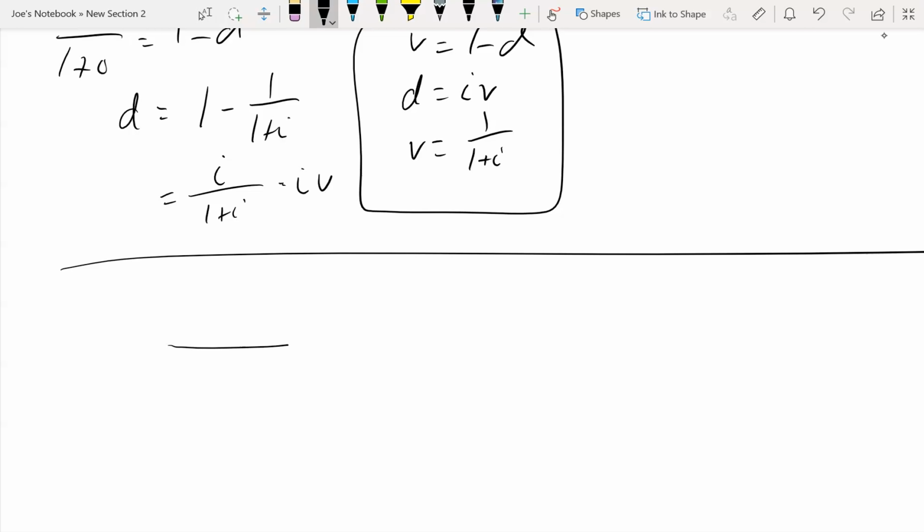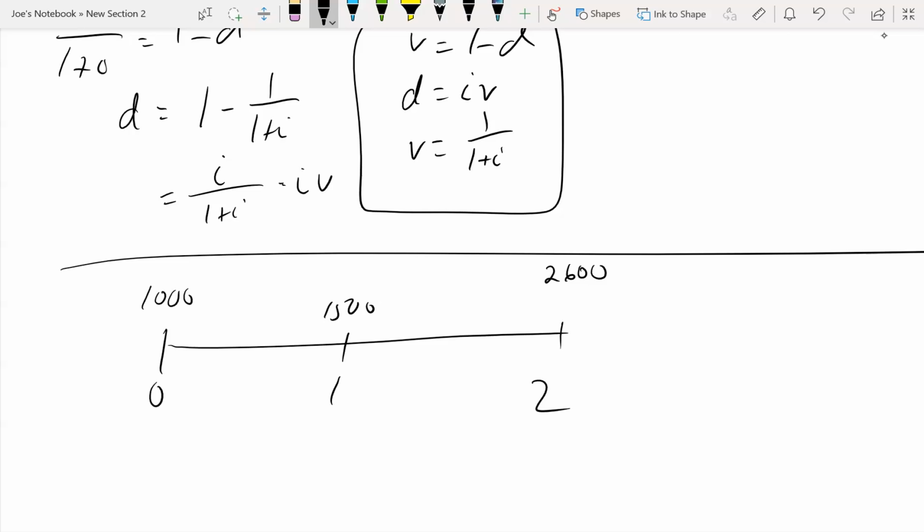If you like diagrams, let's think about the diagram. We've got 1,000 at time 0, 1,500 at time 2. Those are your investments that you're going to make, and you're supposed to get to an accumulated value of 2,600, if I remember the numbers correctly, because I didn't look back at it again.